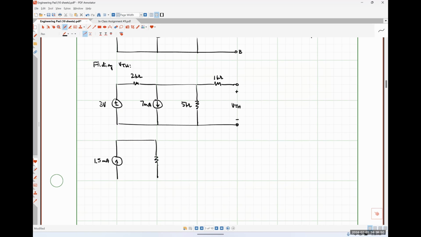Here's my 2 kilo ohm resistor, here's my 7 milliamps down, here's my 5 kilo ohm resistor, and the 1 kilo ohm resistor. I believe I have done this source transformation correctly. Anybody have any problems with that?